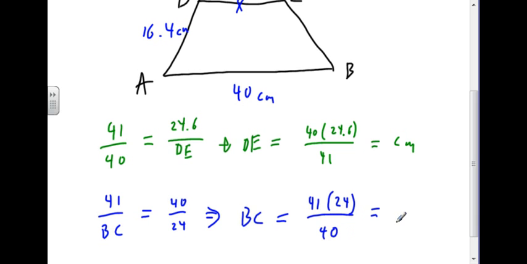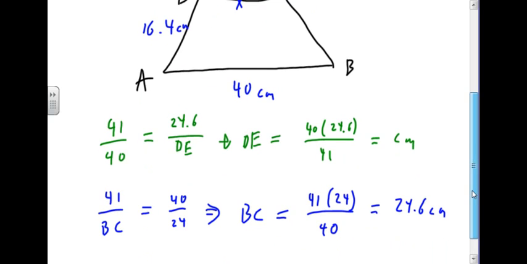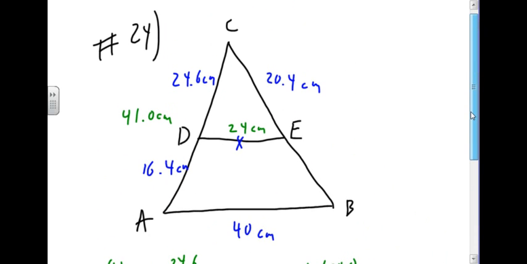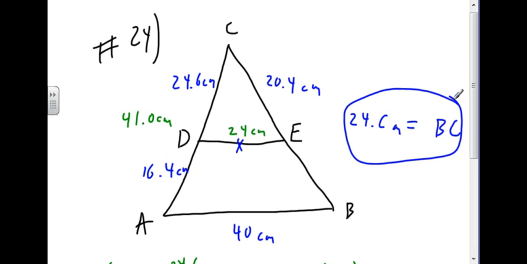All right, so that's better. 24.6 centimeters. Is that possible? I guess that's possible. Yeah, why not? 24.6 centimeters BC. Okay, good enough.